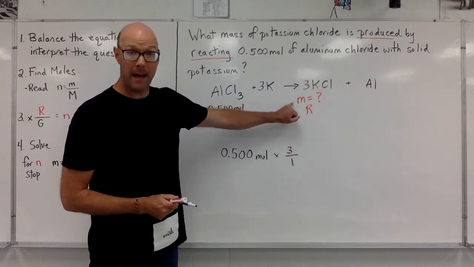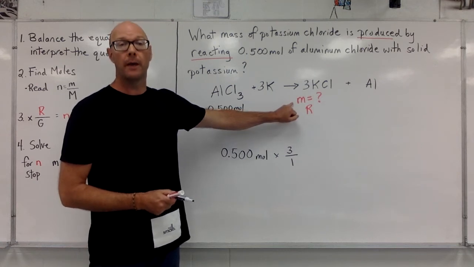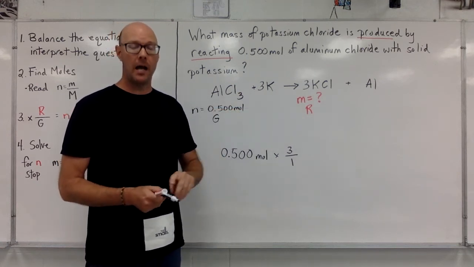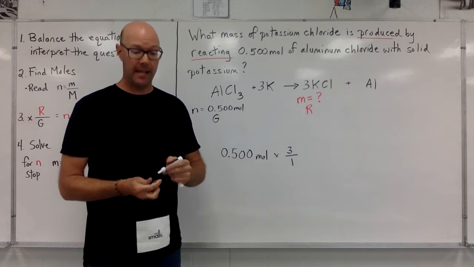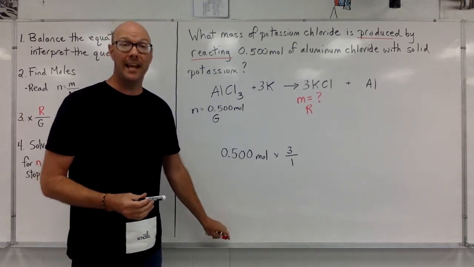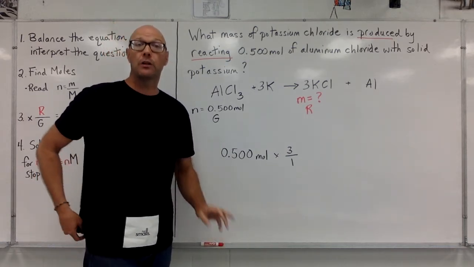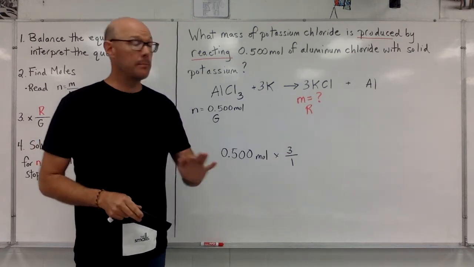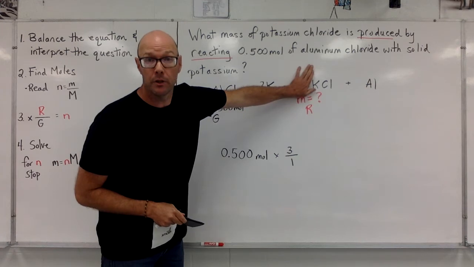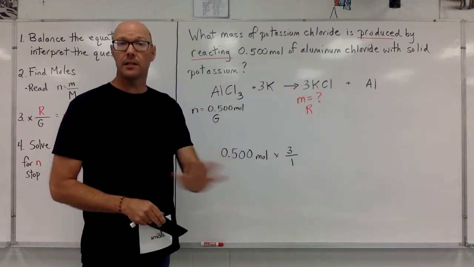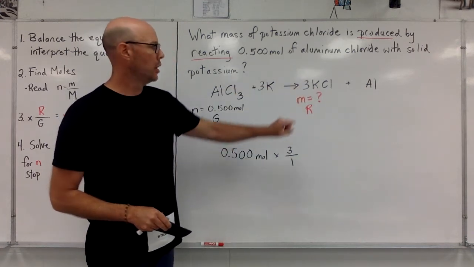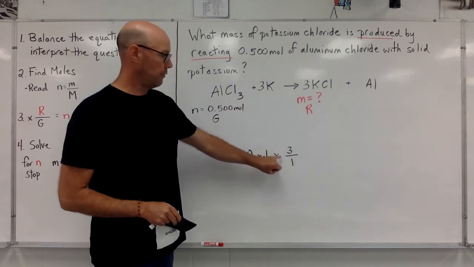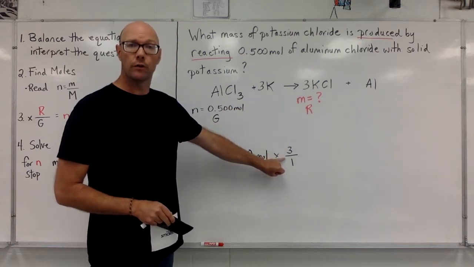If we're looking for the mass of the KCl, we better multiply by the molar mass of KCl, which means we need to take our time, use the data booklet if we need to come up with that molar mass. Big reminder, balancing numbers, those coefficients, have nothing to do with molar mass. We're using the balancing numbers for our mole ratio, R over G.